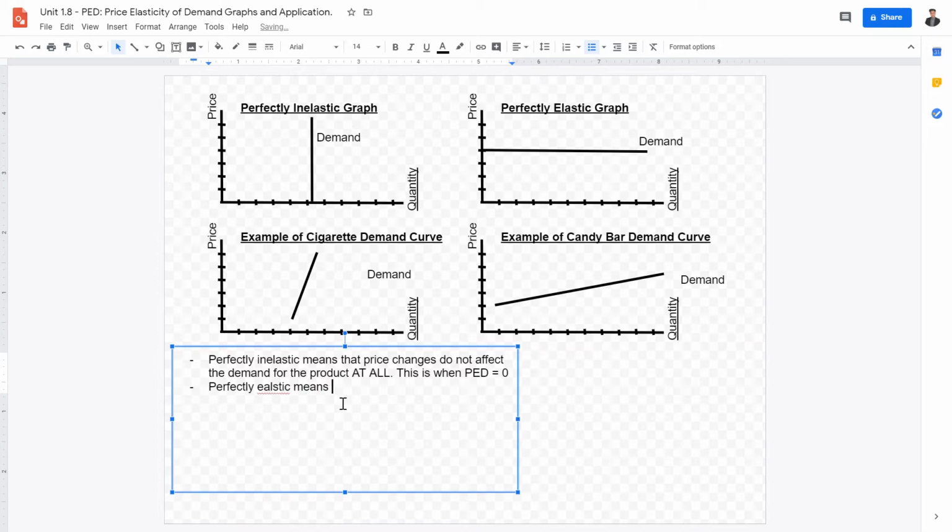Now, on the other hand, a perfectly elastic graph.